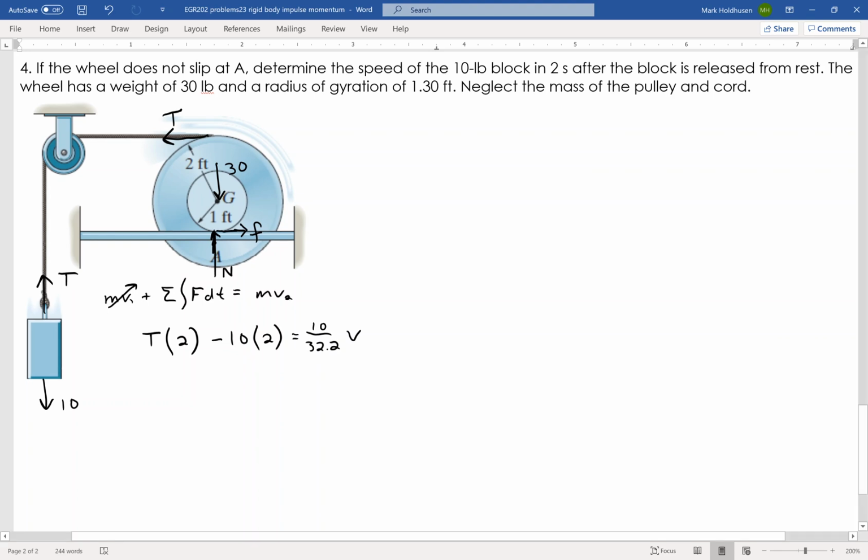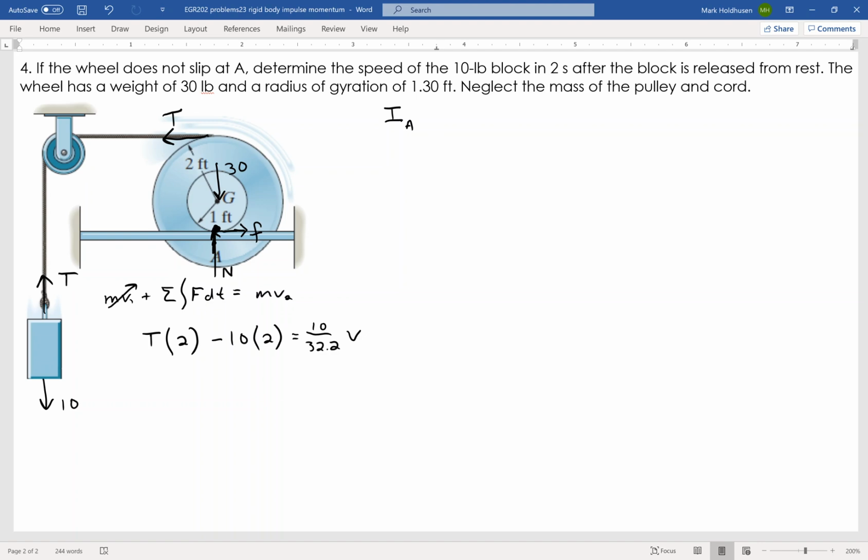Now, here's the thing to recognize. At this point right here, there is no motion. So I can apply this equation, but instead of I_G, I'm going to do it about point A, that point of contact. I can do that because at this instant it is a point of pure rotation.